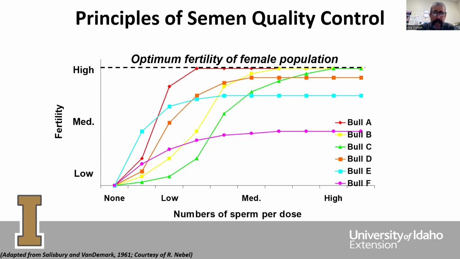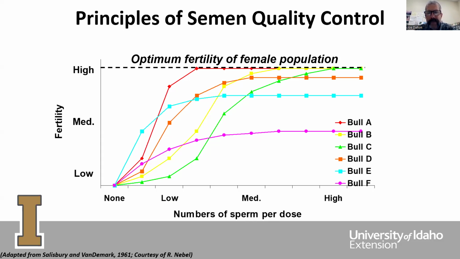So here's a variation of a graph many of you have seen many, many times, whether I've presented it or if you're a little bit more of an old timer, Dr. Sacchi used to present this. We have fertility on one axis, low, medium, and high. And then we have numbers of sperm per dose from low, medium to high. And then we have this dashed line, which is the optimum fertility of the female population.